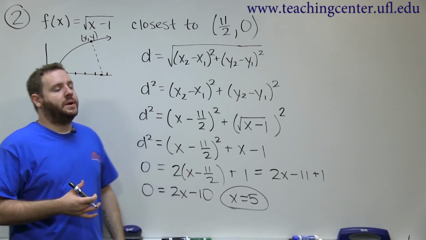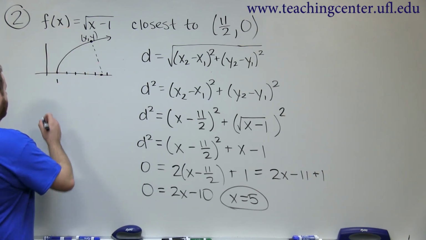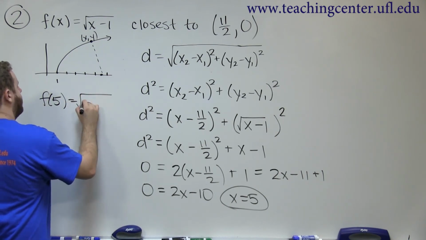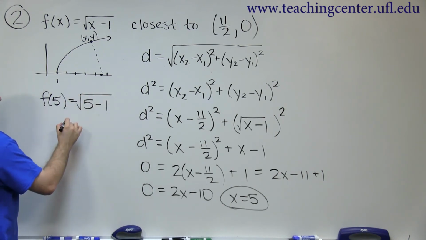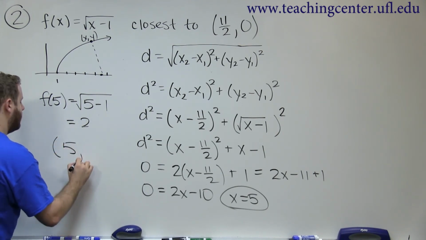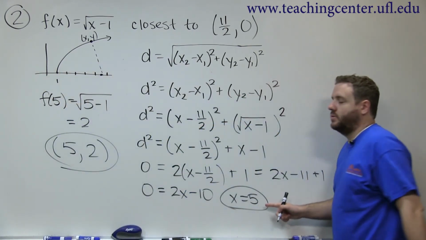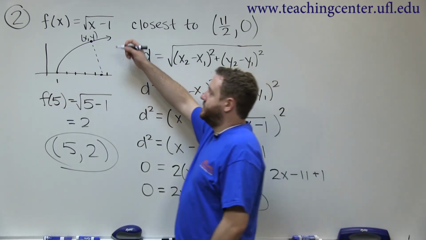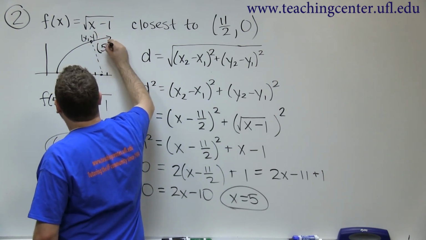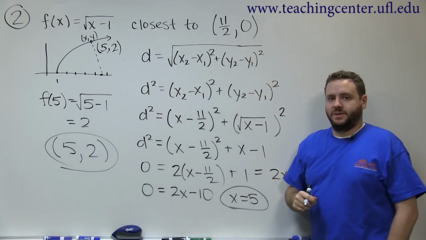To figure out the full point, we just need the y, which means we just plug it back into our function. So f of 5, square root of 5 minus 1, that's 4. Square root of that is 2. So our point is 5, 2. So this point right here is 5, 2, and that is the closest point to 11 halves, 0 on that graph.